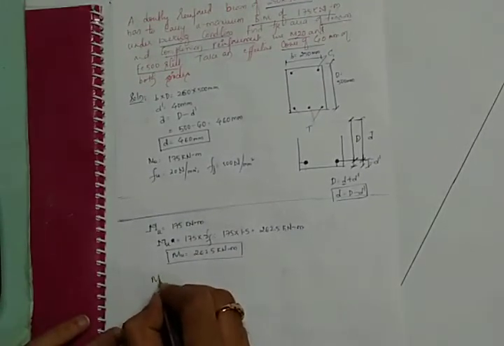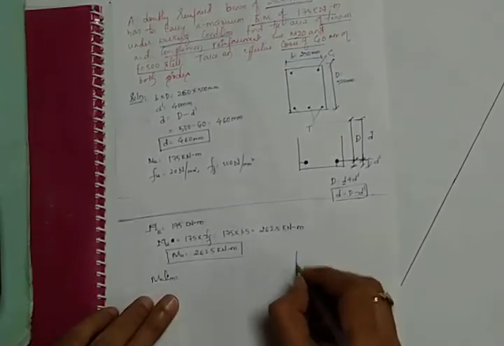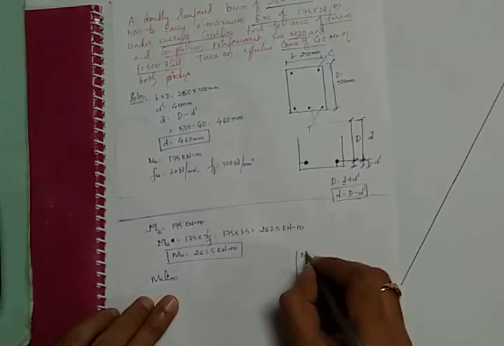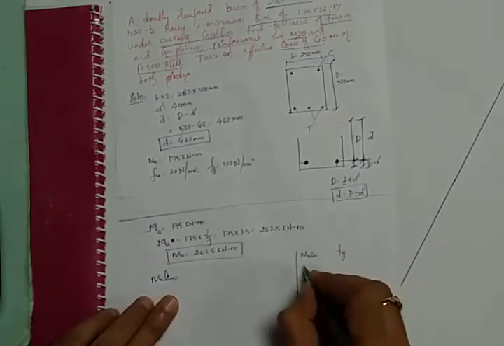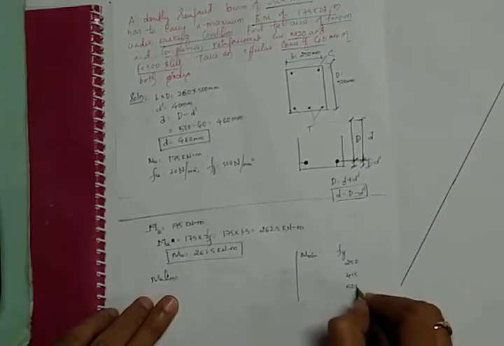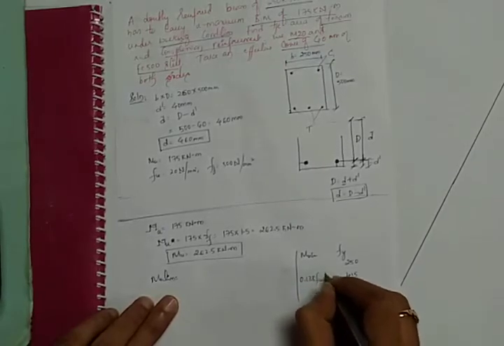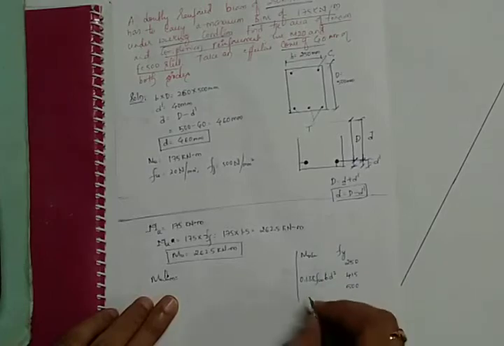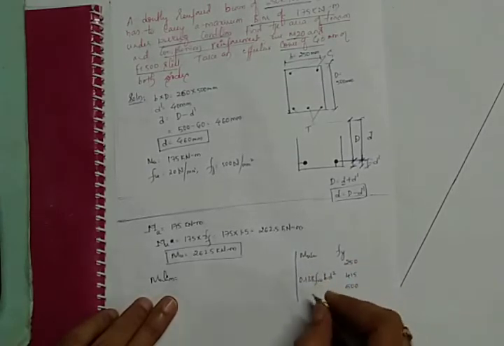Round off this value, this is important. And then to calculate Mu limit, I have a known formula, so I will list out Mu limit once again for different grades of steel: 250, 415 and 500. Here the known coefficient is 0.138 fck b d square. As the grade of steel increases, this value decreases.